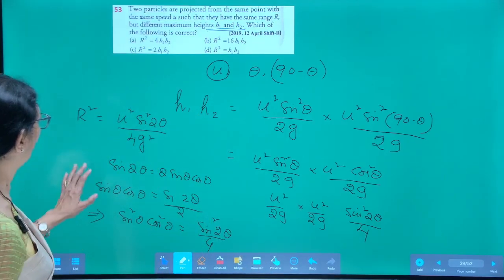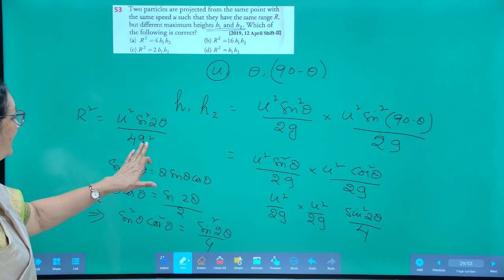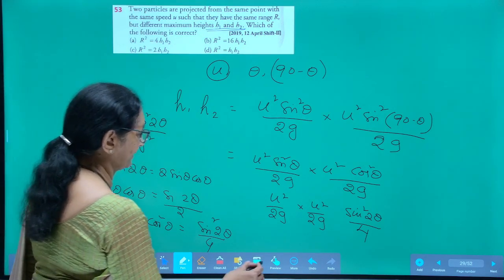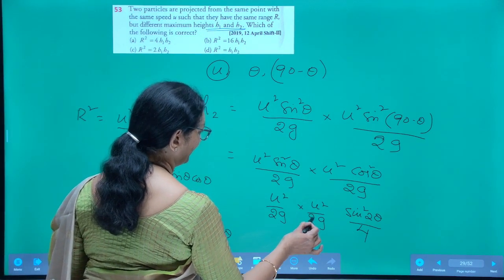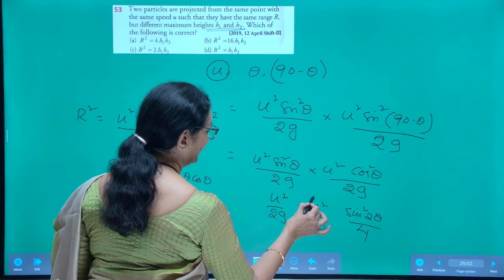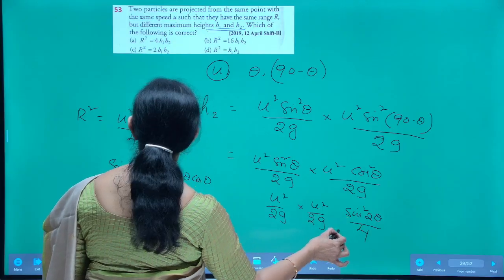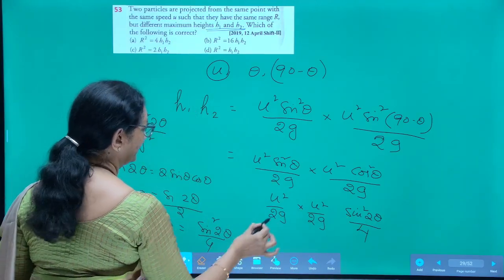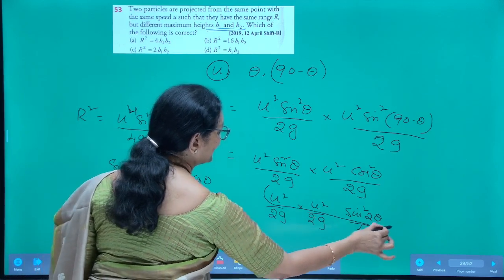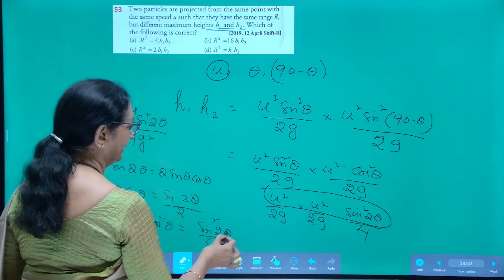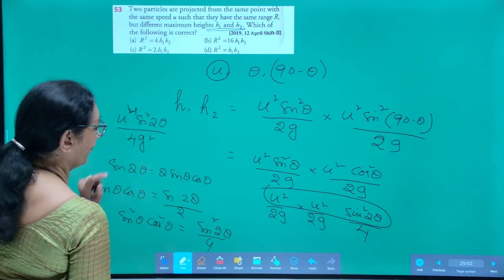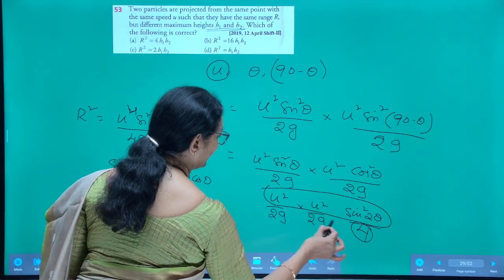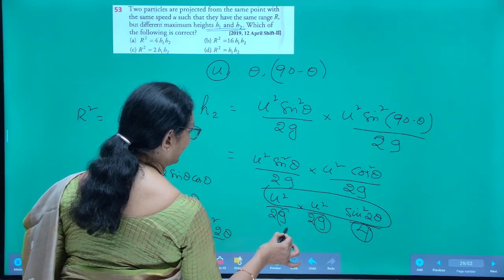Now, u square sin square 2 theta by 4g square. So, look here, u to the power of 4 sin square 2 theta by 4g square.